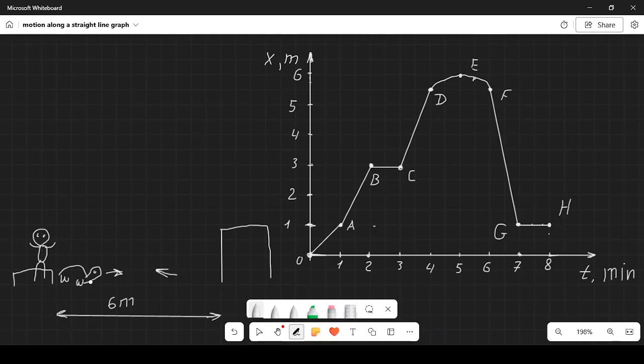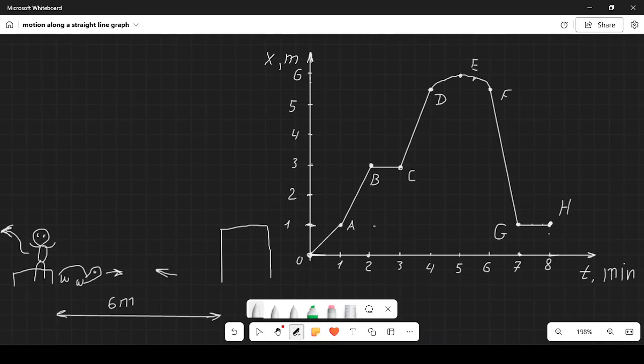Maybe the turtle got tired. Maybe its friend just went away, and the turtle doesn't know what to do. It's thinking, why did my friend go away? For whatever reason, we don't know the reason, but we can see from this graph that during this last minute, our turtle doesn't move, doesn't have motion.